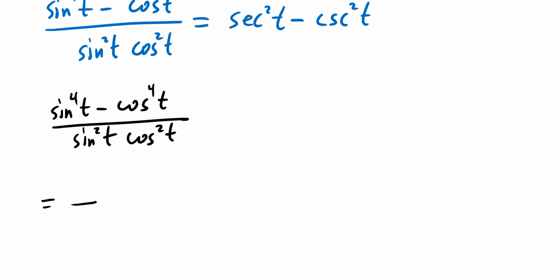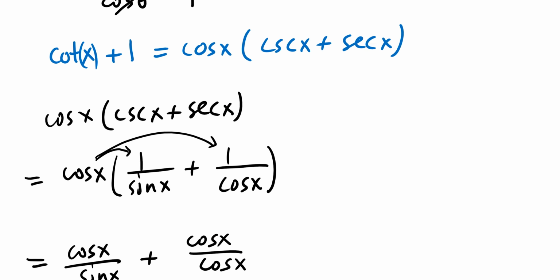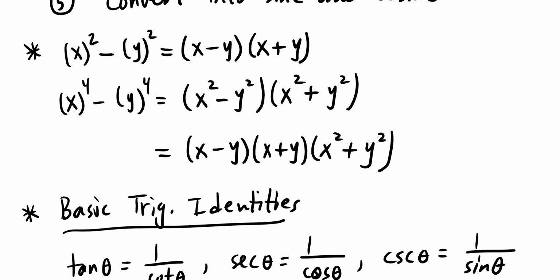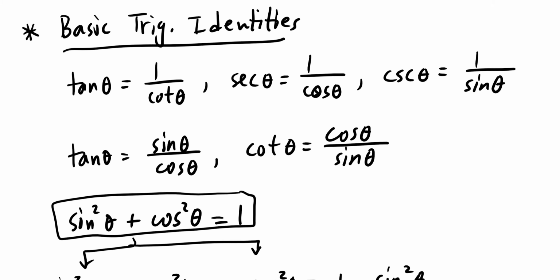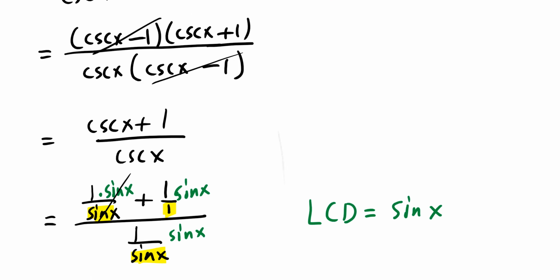Let's see what we can do. We can factor the top using the algebra stuff here, the x to the fourth minus y to the fourth. Same thing, but it's being applied to trig in this case.